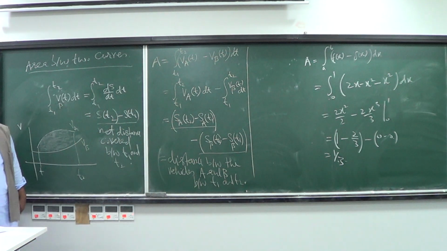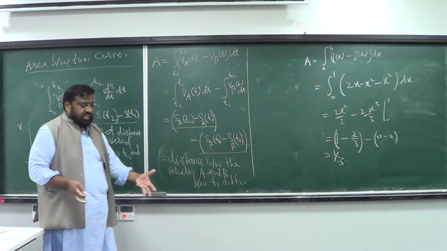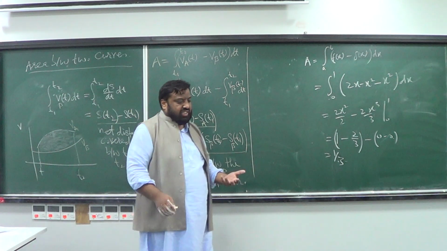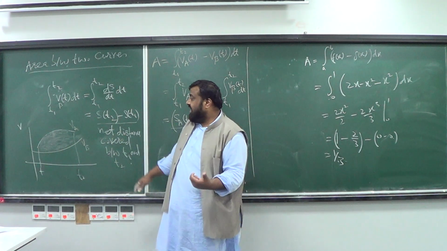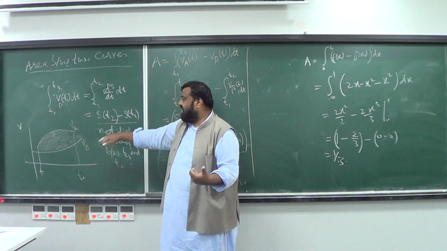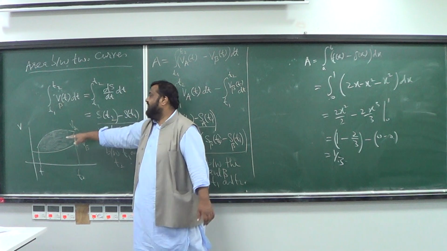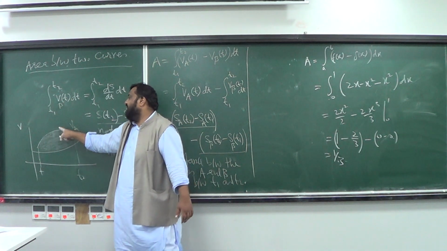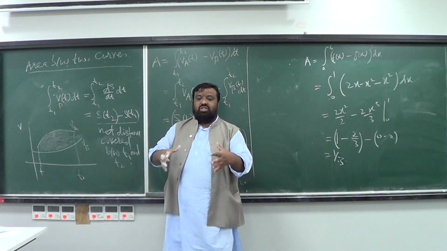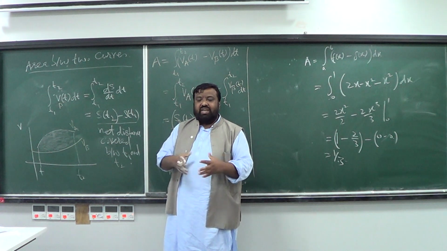So if there are two vehicles moving at different velocities, for example one is accelerating, so its velocity is increasing, and the velocity of vehicle A is slowing down, the distance between these vehicles would change.